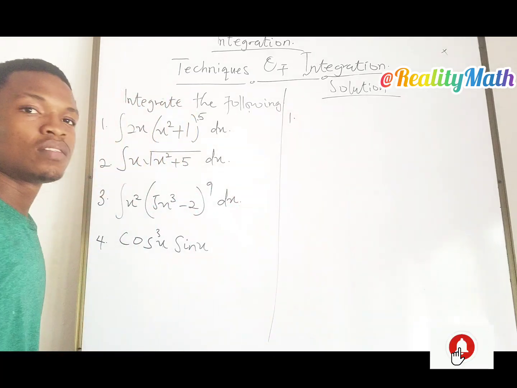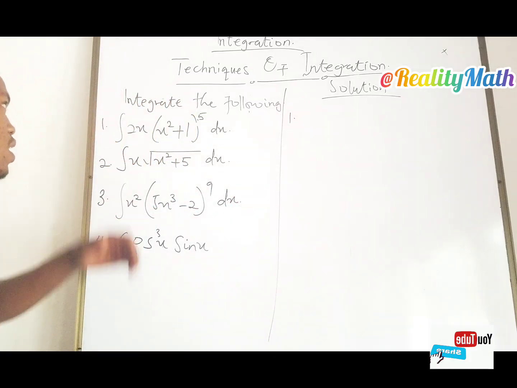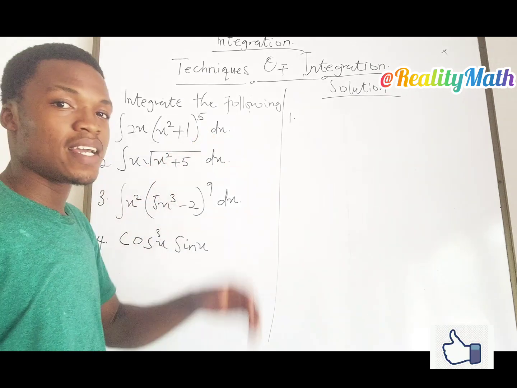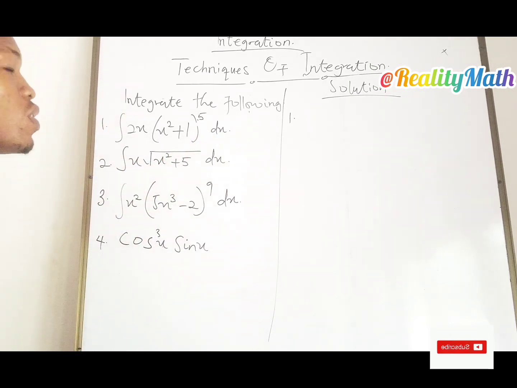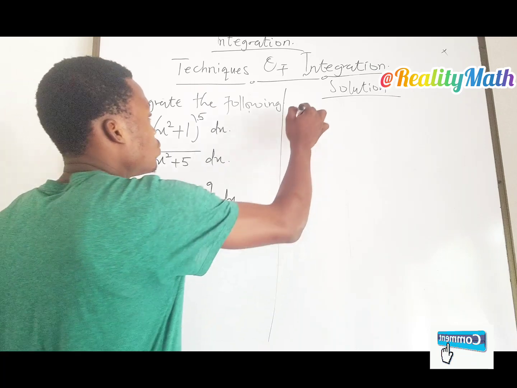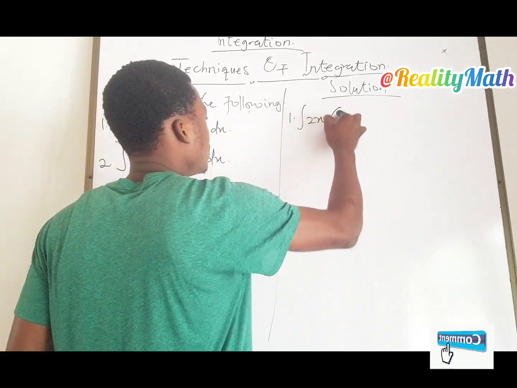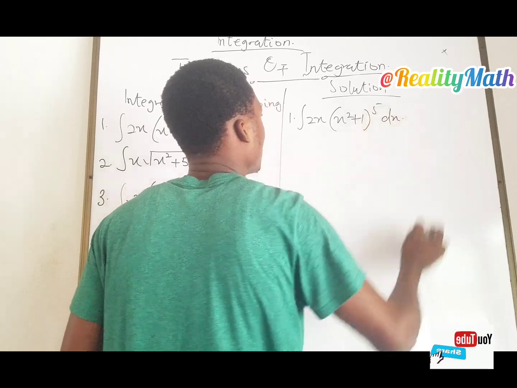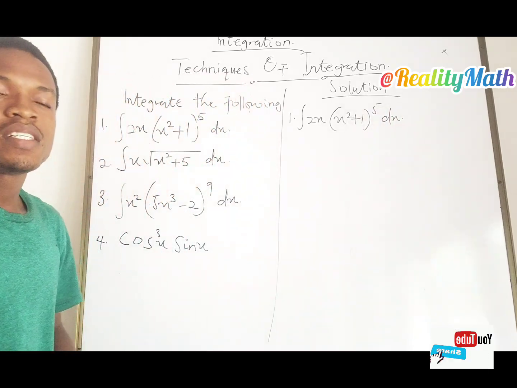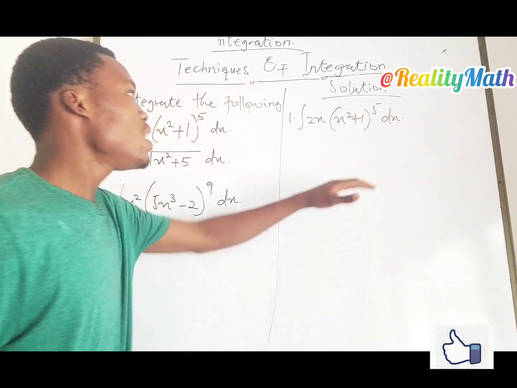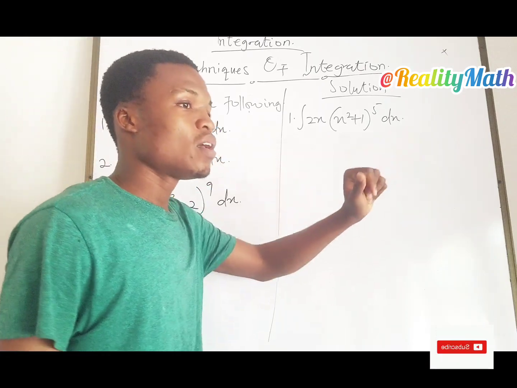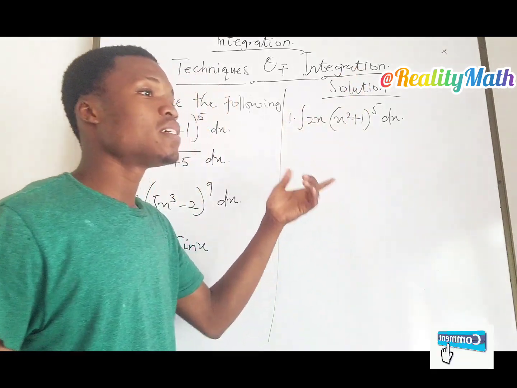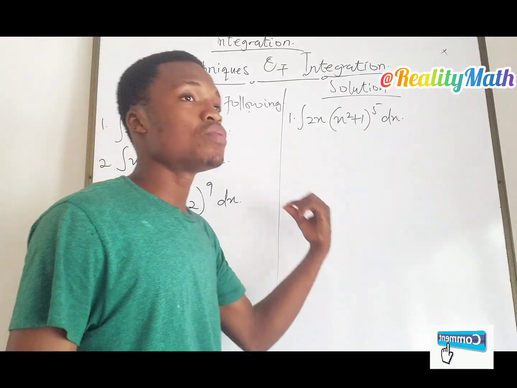Taking the first one, we are to integrate 2x into bracket x squared plus 1 all to the power 5 dx. So this is what we are to integrate. So let me put my question here. Alright, so the substitution tells us to look at the function: which part can we represent with a certain variable, so that after integrating it we can resubstitute it back?